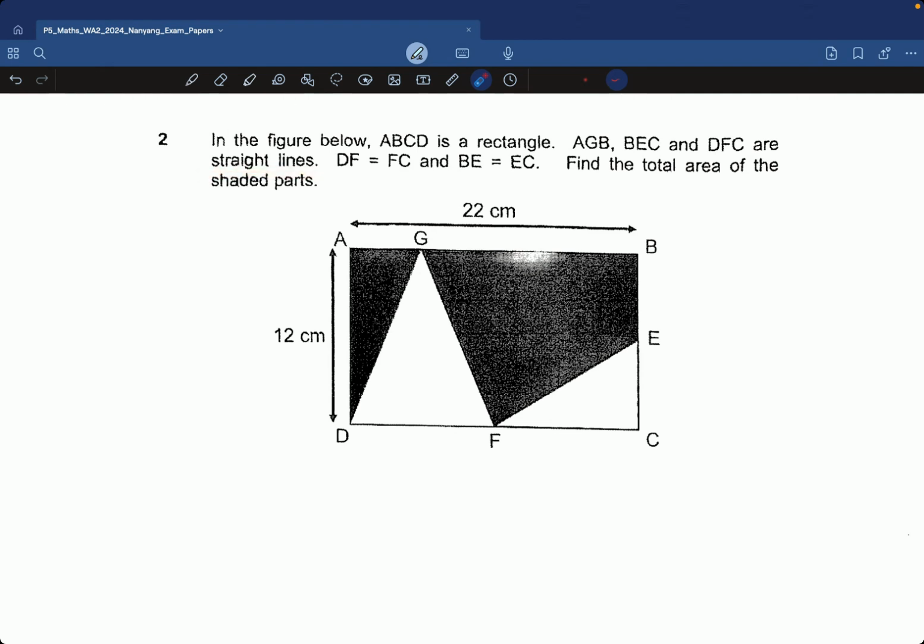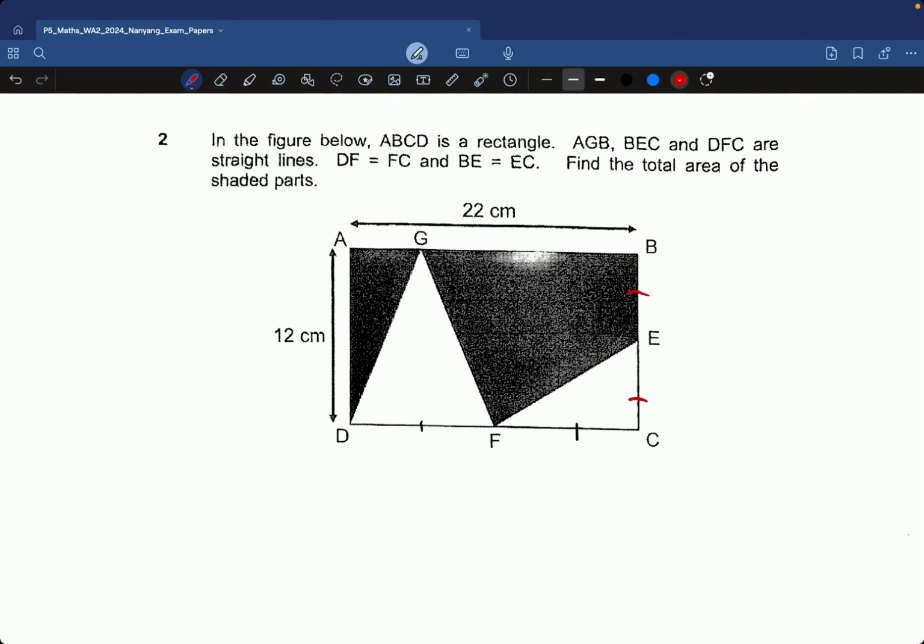DF is equal to FC, meaning this is the same distance, so I'm going to put a dash to mark the same distance. And BE is equal to EC, so this is the same. I'm going to put red lines here.